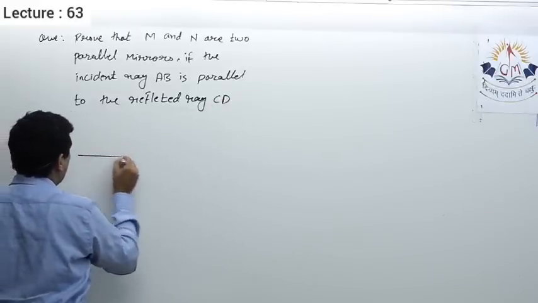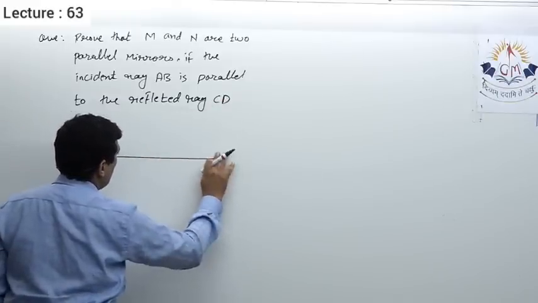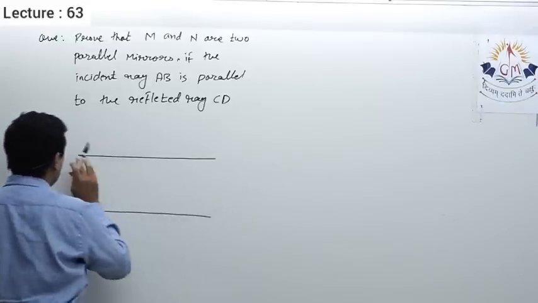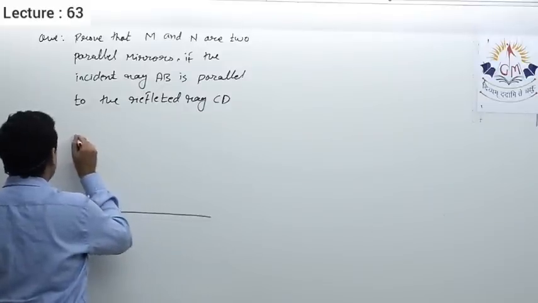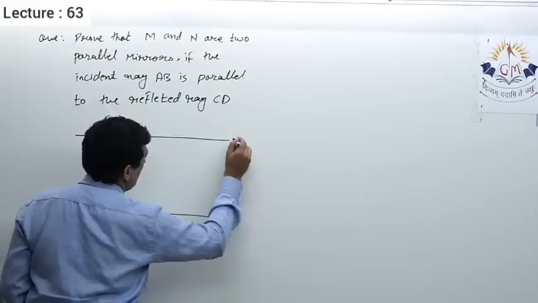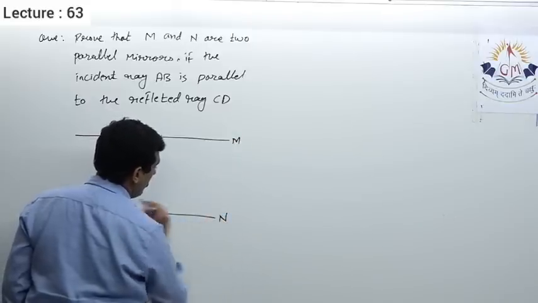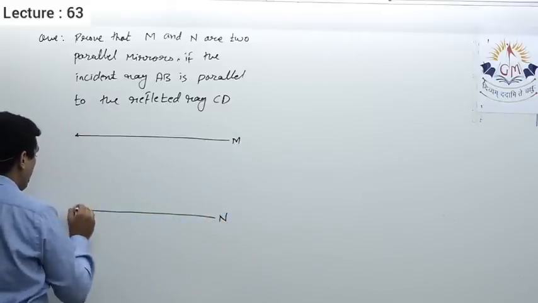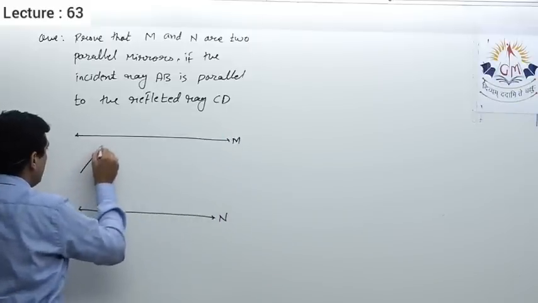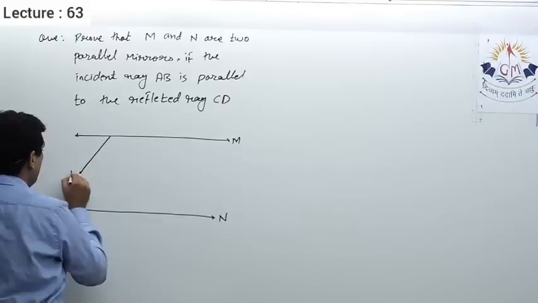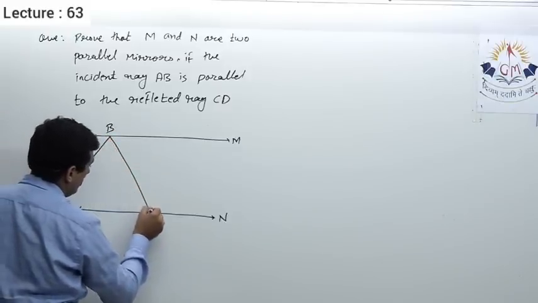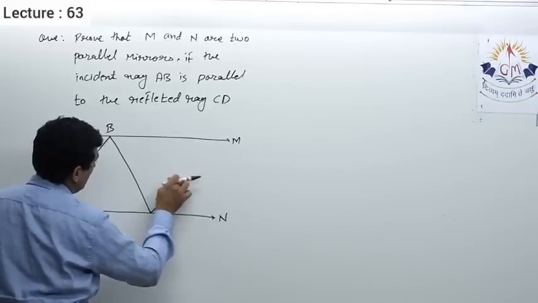Okay, so here we have two mirrors M and N, as given in the diagram. Let this be mirror M, and let this be mirror N. We have to prove they are parallel, given that ray AB is parallel to ray CD.